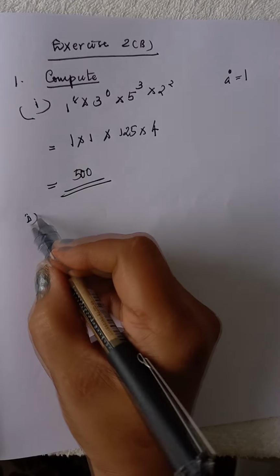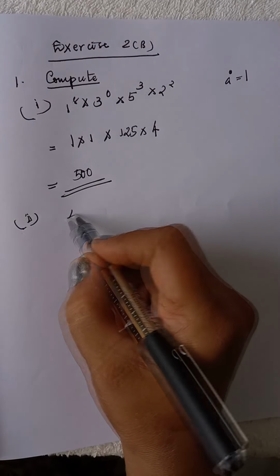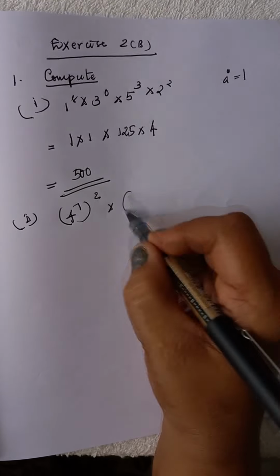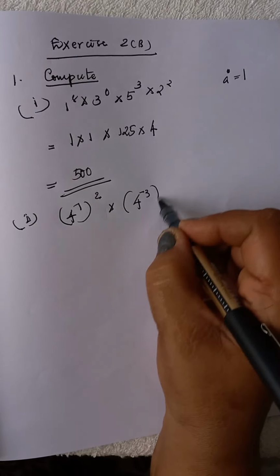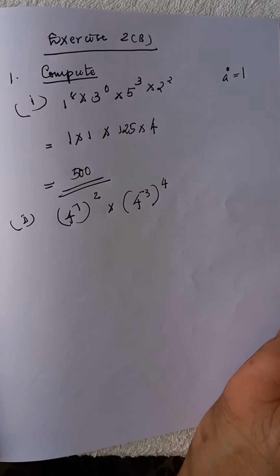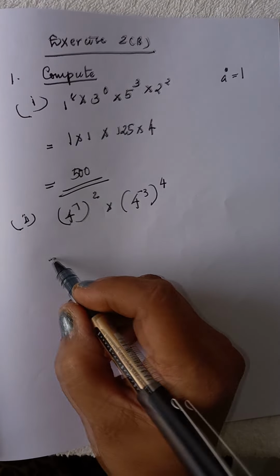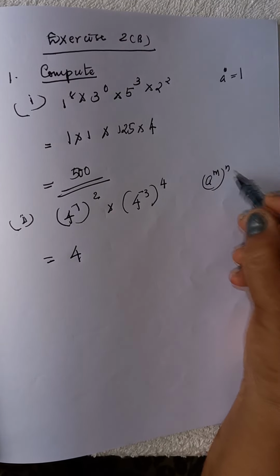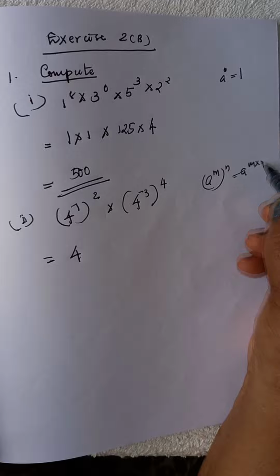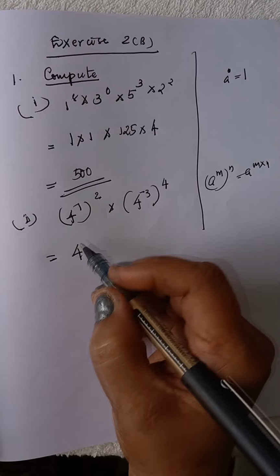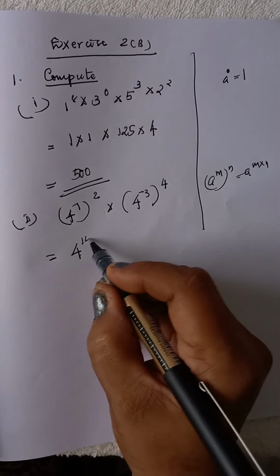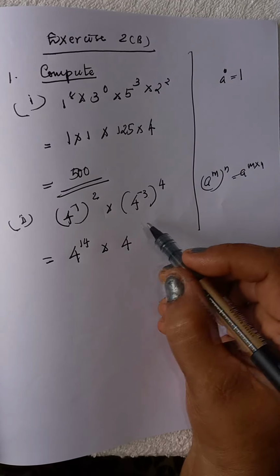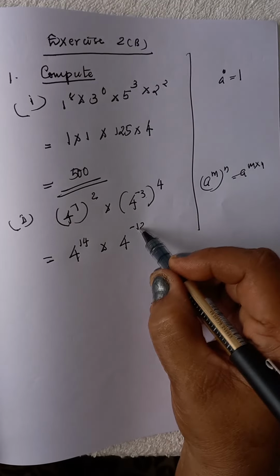Next, the second sub question is (4 raised to 7) raised to 2 into (4 raised to minus 3) raised to 4. Now this uses (a raised to m) raised to n is a raised to m into n. So this is 4 raised to 7 into 2, that is 14, into 4 raised to minus 3 into 4, so minus 12.